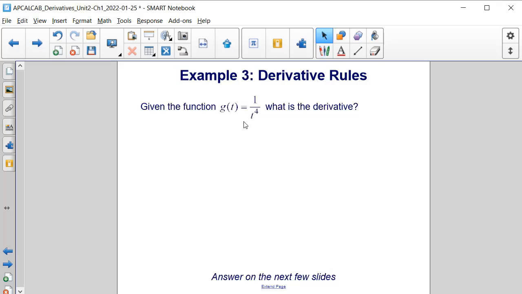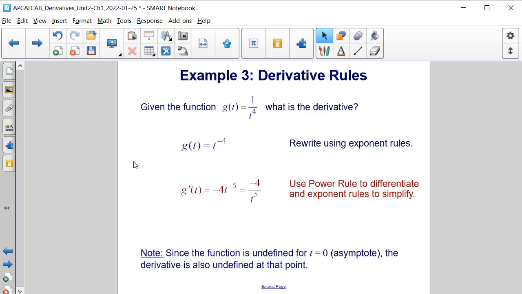Given the function g of t, which is equal to 1 divided by t to the 4th, what is the derivative? Begin by rewriting g of t using the rules of exponents. 1 divided by t to the 4th is equal to t to the negative 4th power. And then apply the power rule.